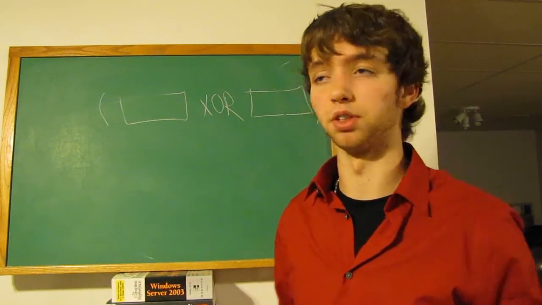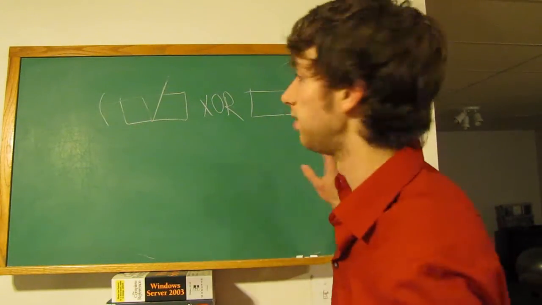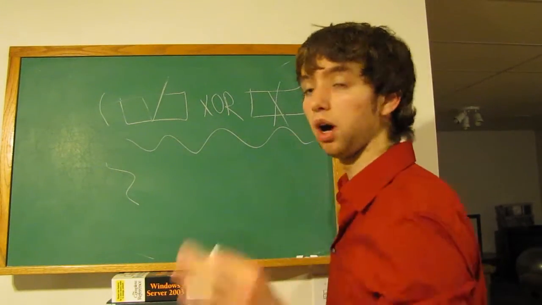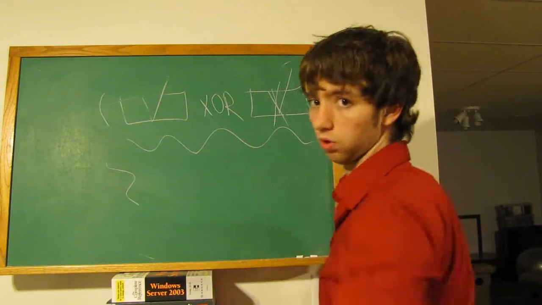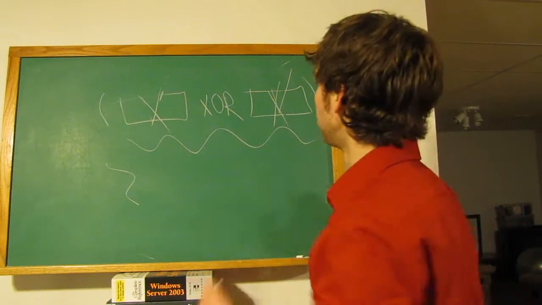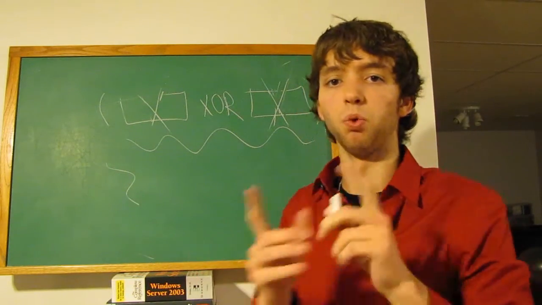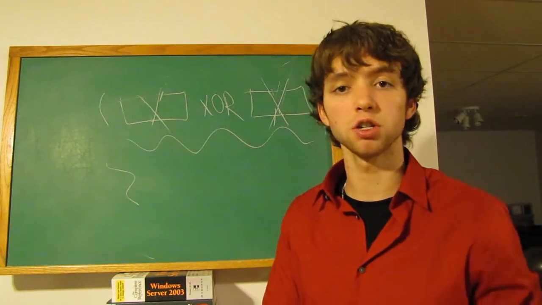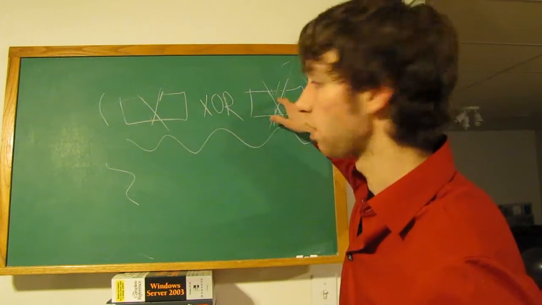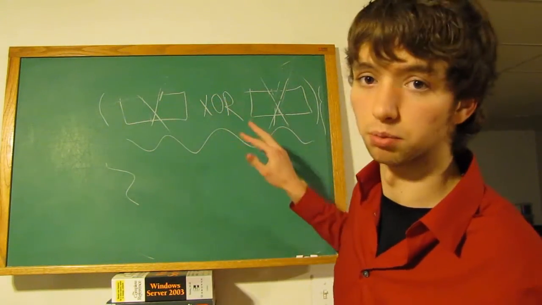Basically, if this is true and this is false, run this code. But if this is true and this is true, don't run the code. If this is true and this is false, run the code. If these are both false, don't run the code. So basically, one has to be true, but they can't both be true. So this one's true, this one's false, we're good. If they're both true, we're not good. If they're both false, we're not good.